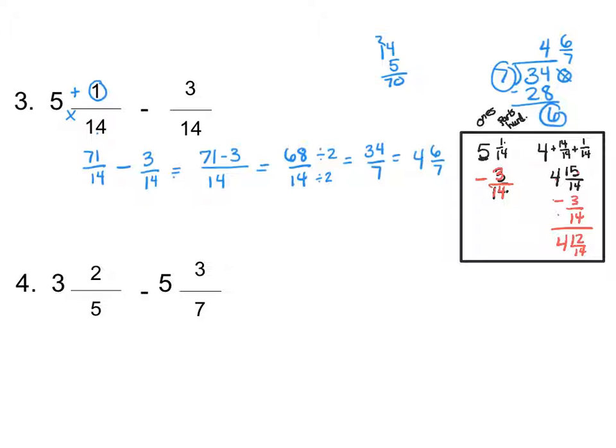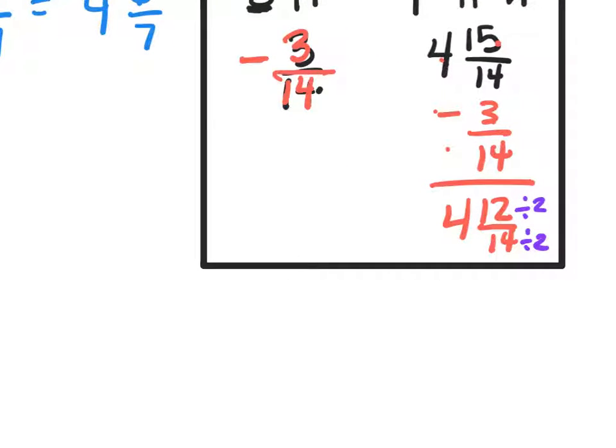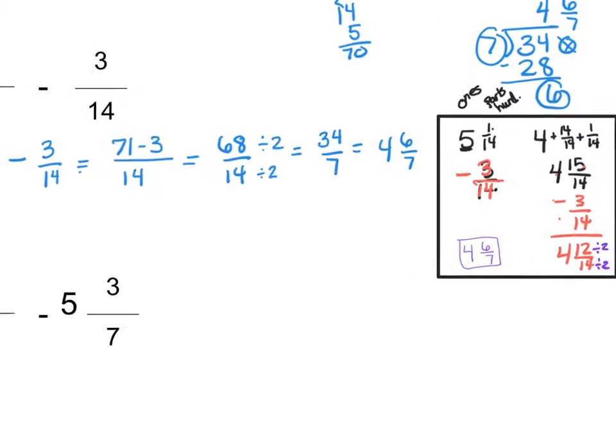However, it's not simplified, so I would just need to divide by 2. So when I divide by 2, I would get 4 6/7, which is the same answer as the other one over here.